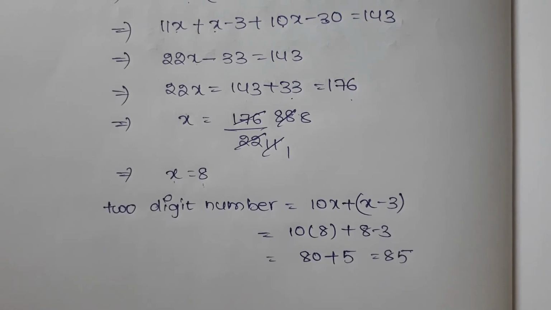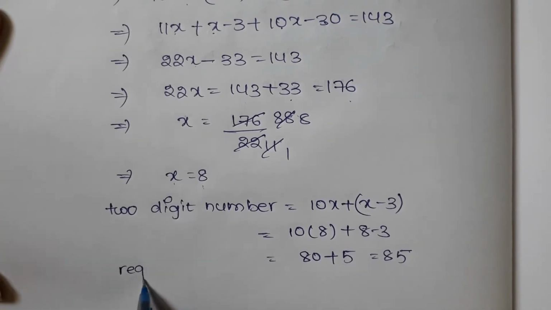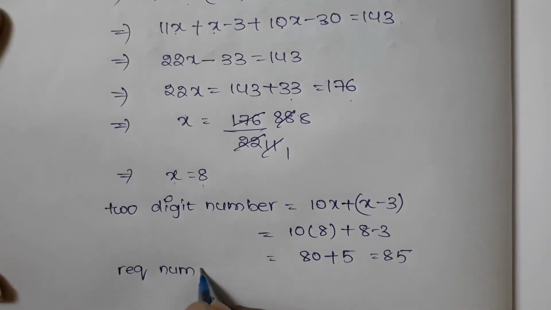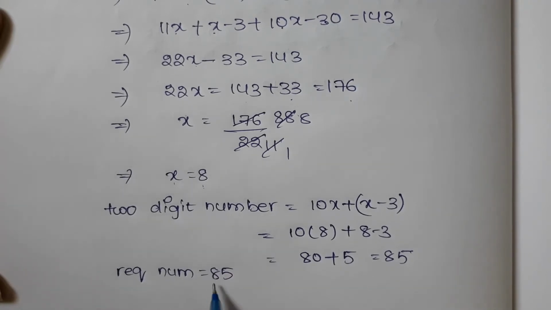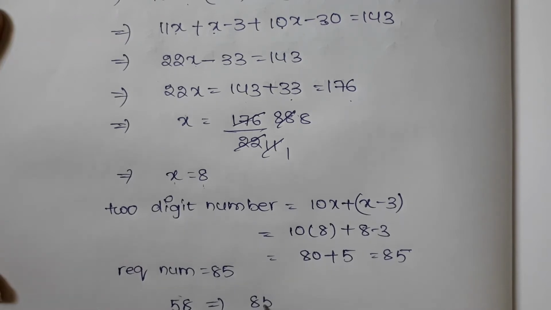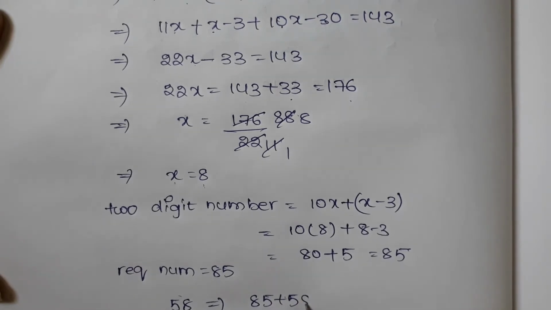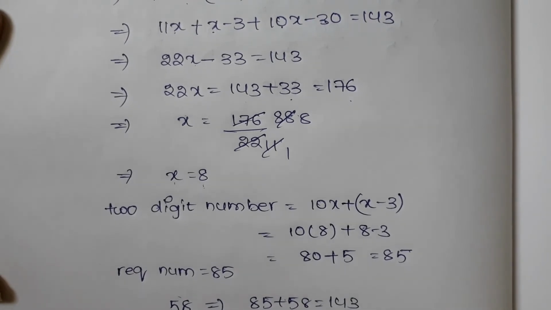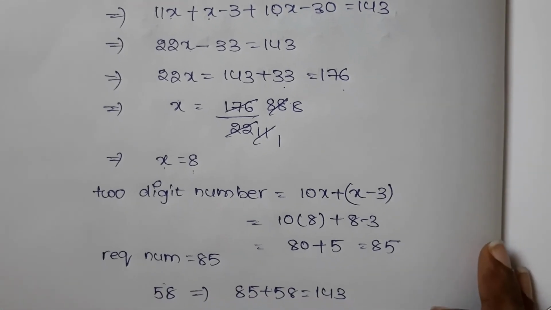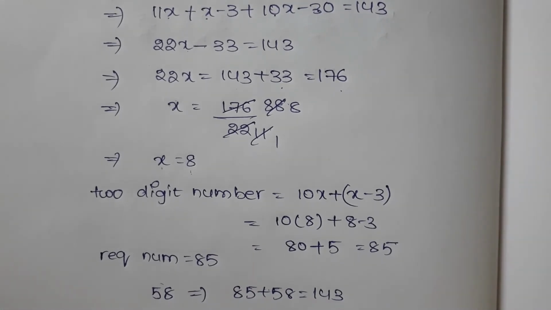The required number is 85. When we interchange this, we get 58, and the sum 85 plus 58 equals 143. This is about the first example.